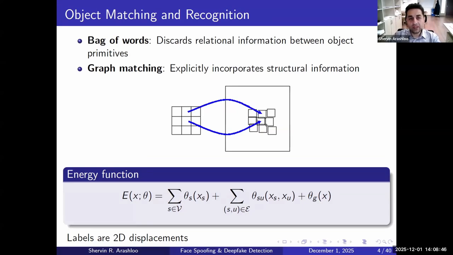As opposed to this first group, which are called bag of words, there is a second group, which is called graph matching. So here, not only do we consider an image as smaller components, which we look for correspondences in the second image, but we also require some structural dependencies or constraints to be satisfied.